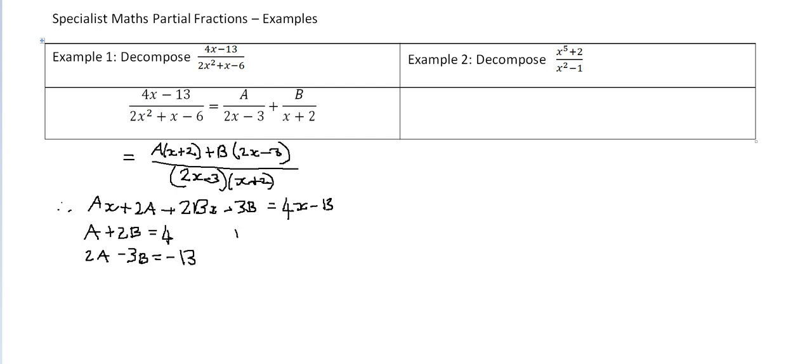Okay, so we have two simultaneous equations here, 1 and 2, and solving those, any algebraic method you like, or using your CAS, you will find that you will get a equals negative 2, and b equals 3.